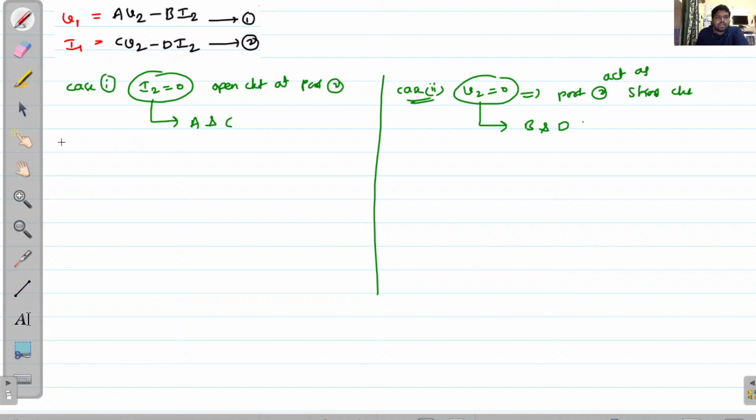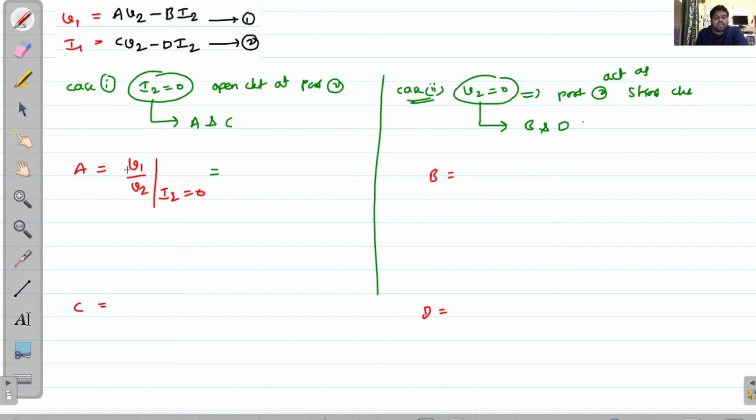So now you can take A equals to and C equals to, and here B equals to and D equals to. Now A equals what? While making I2 equals 0, we are getting V1 by V2, only when I2 equals 0. And now if you observe this, V1 by V2 means what? Obviously that is a gain, right?